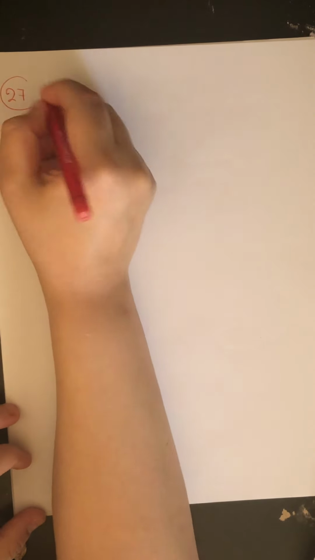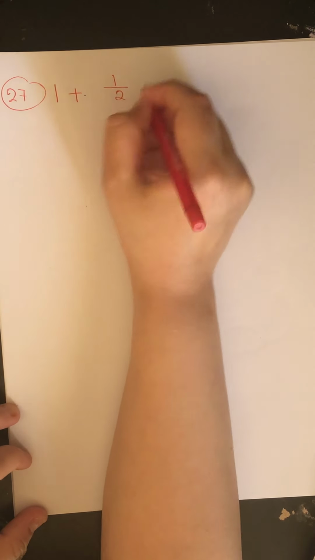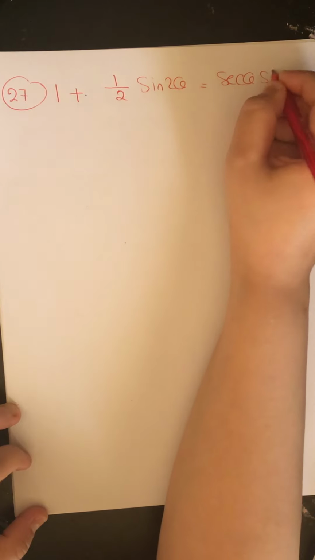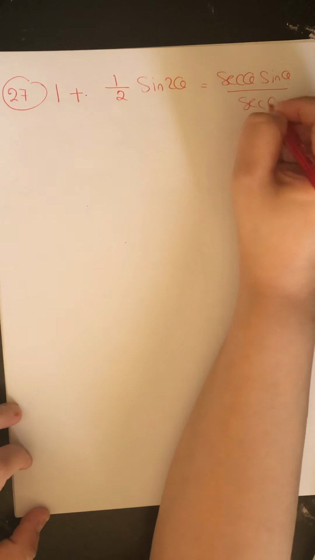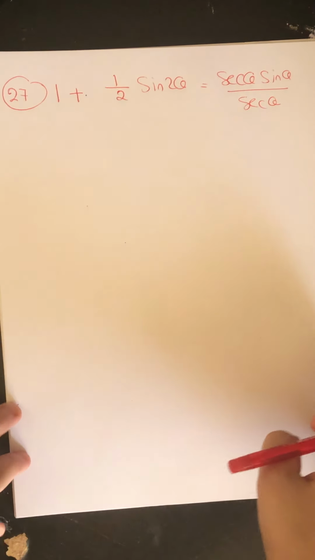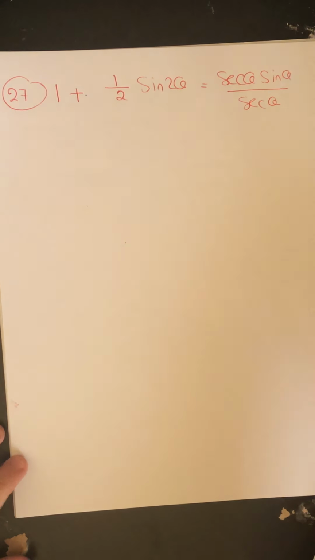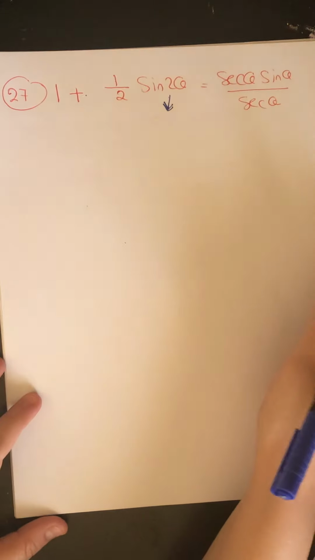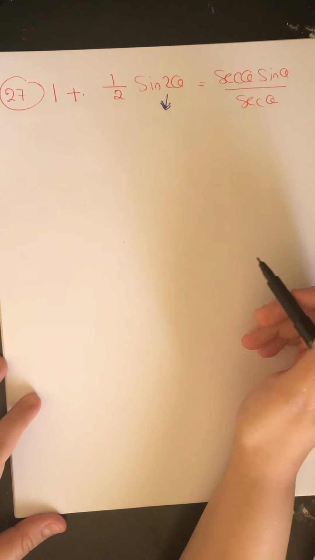This is regarding 26. For 27, the question is 1 plus half sine 2 theta equals sec theta plus sine theta all over sec theta. Double angle identity. I think I did both sides as well.